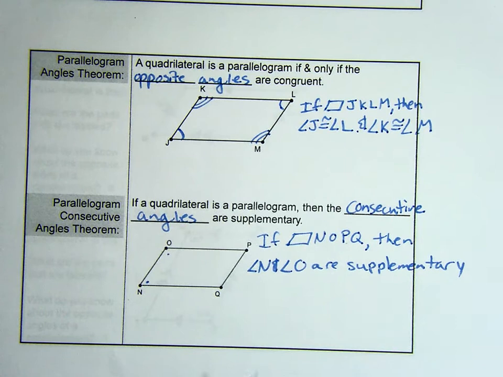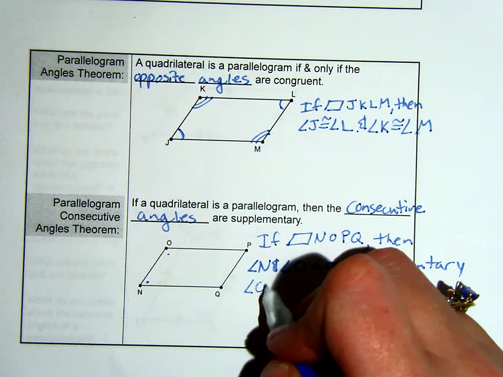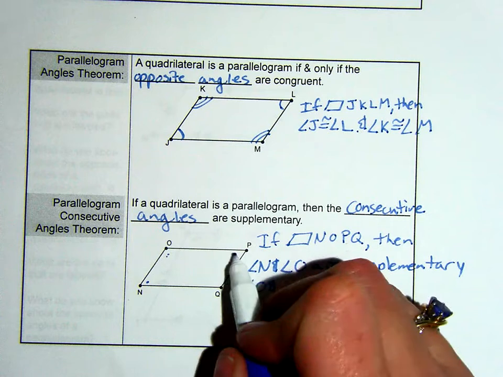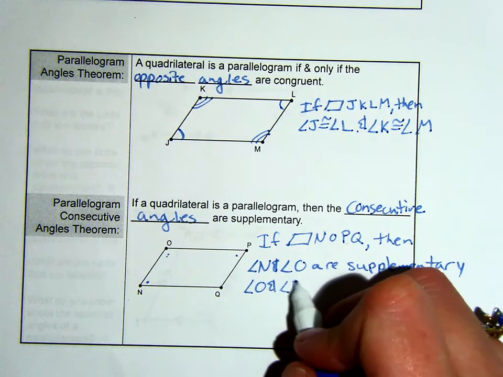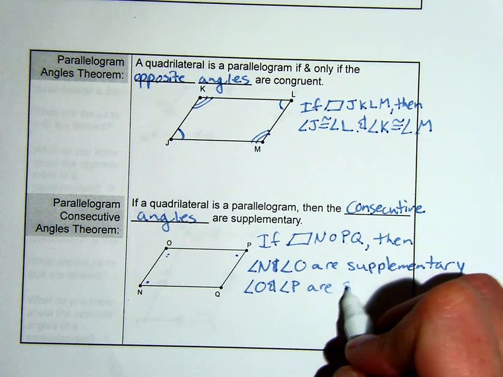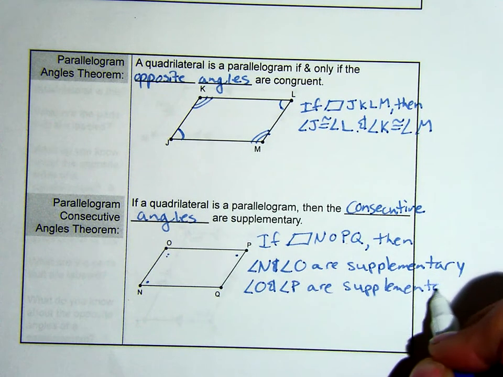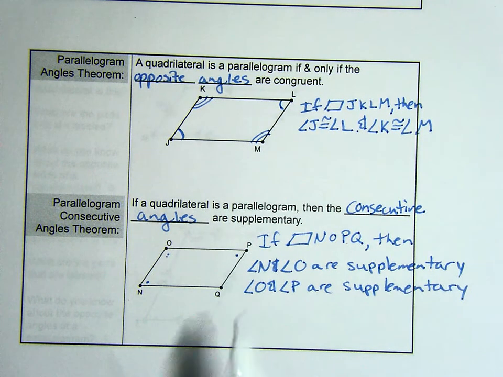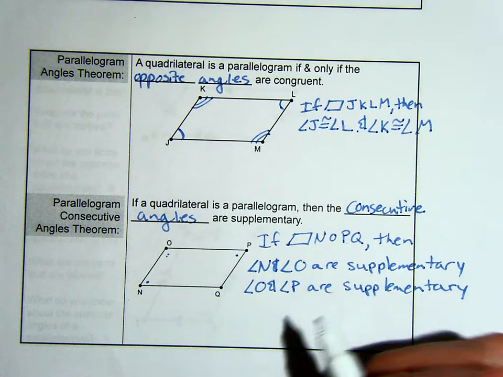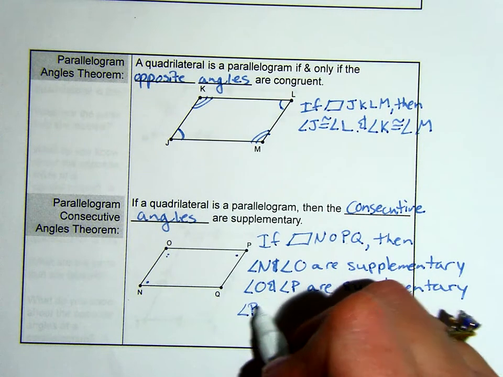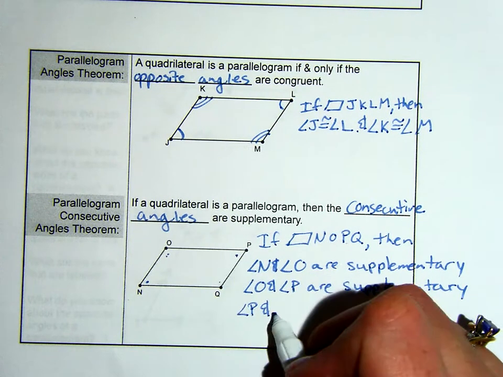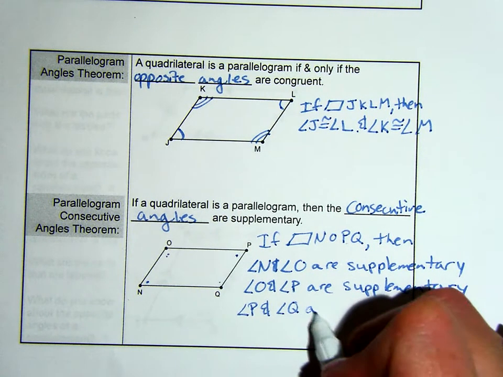Now, angle O is also consecutive with another angle. So angle O and angle P are supplementary. P is consecutive with another angle also. So angle P and angle Q are also supplementary.